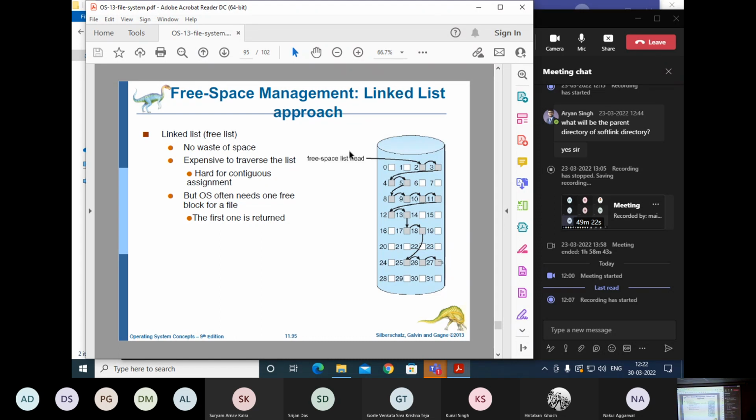Because more often than not, you write in 4 kilobyte chunks, and 4 kilobytes is quite a bit of text actually. All you need is one block to assign to that file. So if it is a small write, you take the first block using the free linked list head, and you just give it.